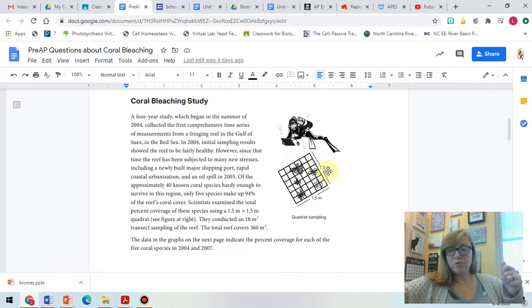Sometimes people put poles and stuff, like if they go through a forest, they might have a little setup that they can just pop in around. And what they do is count how many creatures or trees, coral species are in that little rectangular or square area that they call a quadrat.